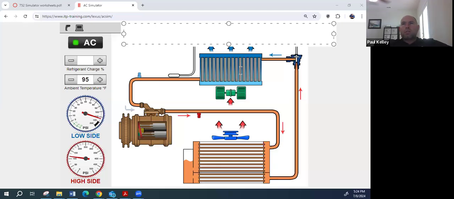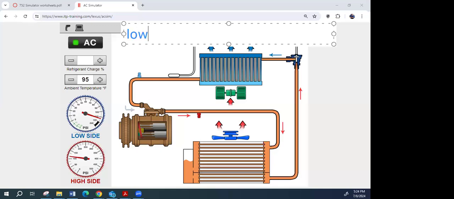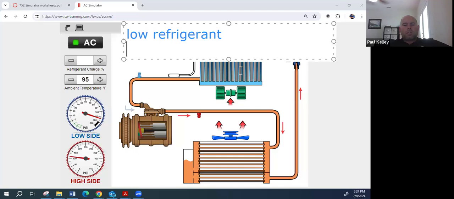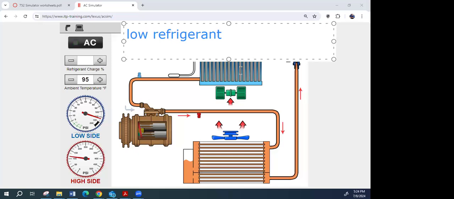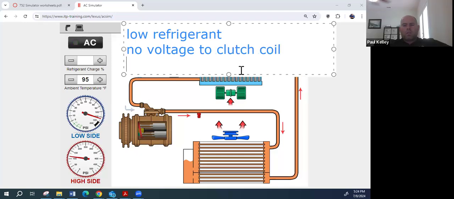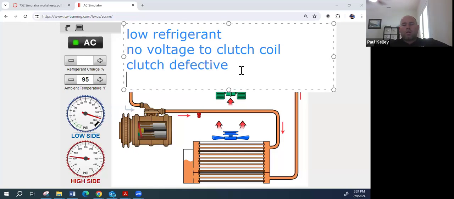Let's make a list. Low refrigerant. I agree. What else? Maybe it's not getting power. I agree. The clutch itself is bad. Agreed. And some of these might kind of overlap.